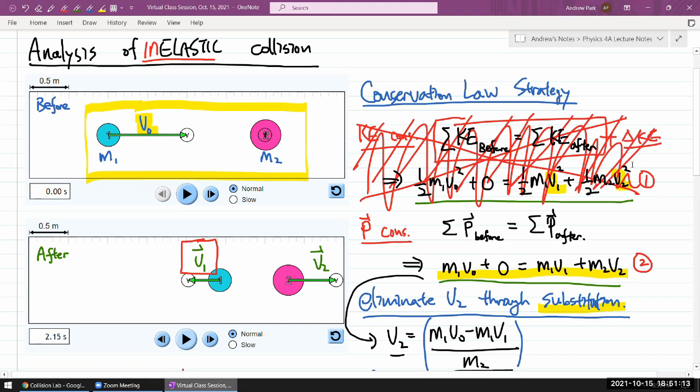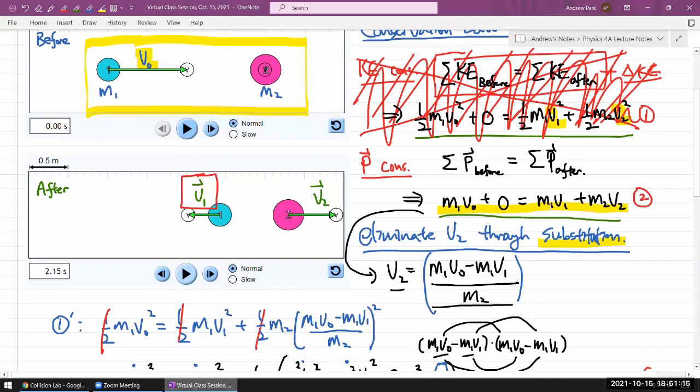Now, if you are looking at the conservation of momentum expression, what you will see is that we have an issue, because we have only one equation remaining, but we still have two unknowns, V1 and V2. So we don't have enough information.